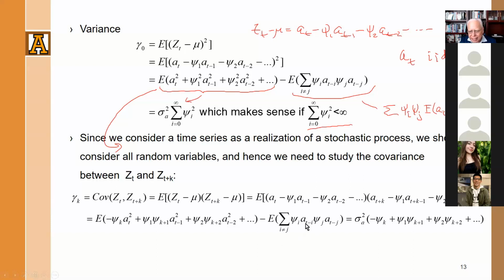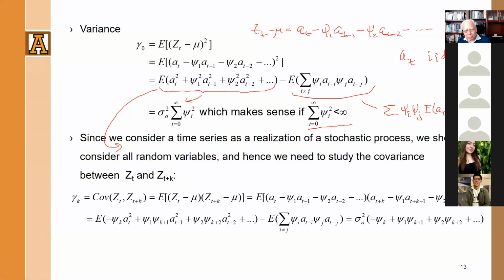This is where I is different from J. When the suffix on the first linear combination and the second linear combination is different, I put those terms all together because I know those expected values are going to be 0. And I only leave the terms where the subindex coincides. So when K is equal to 1, it will only be minus psi 1 AT squared.